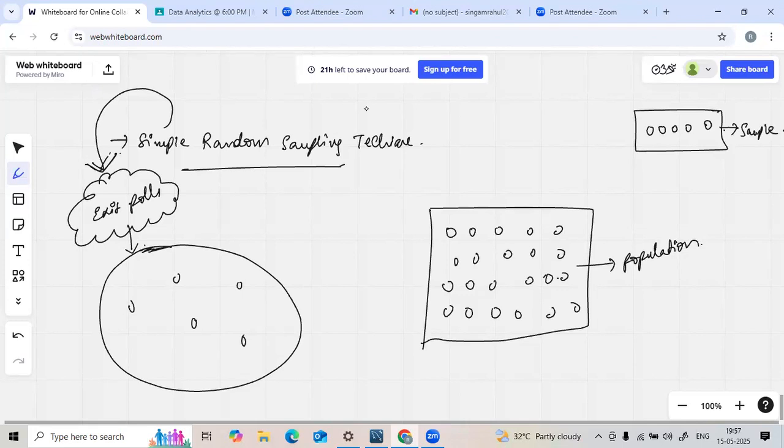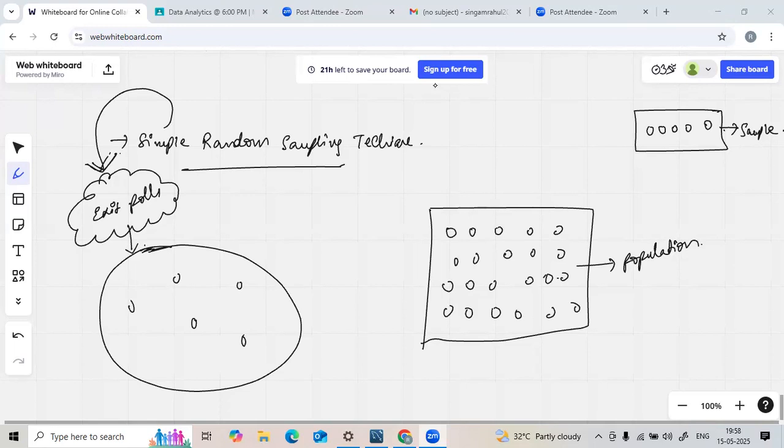Why am I saying blindfolded? Because it's a random sampling technique. If you open your eyes and look, it's something like biased. You might show some bias. But here, randomly, without opening your eyes, you put your hand in and come up with 5 balls. So 5 balls are nothing but the sample.